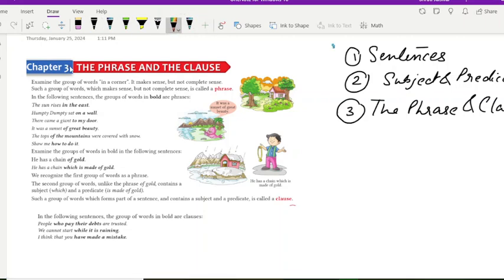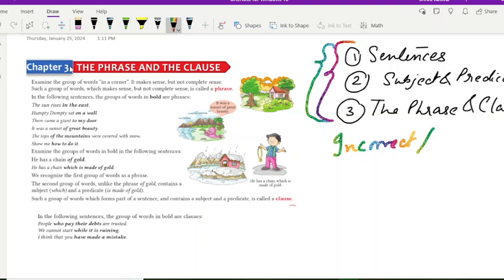These three chapters were the most basic chapters. You won't find direct questions from these three chapters, because they're not as important as all the rest of the chapters in English grammar. But to develop a basic sense of what is correct and what is incorrect, you must know these three chapters.